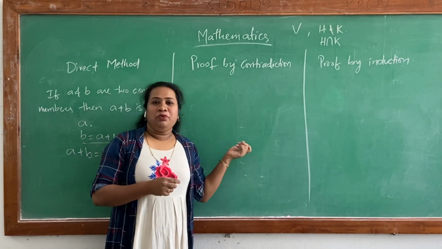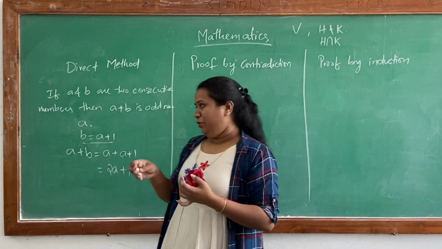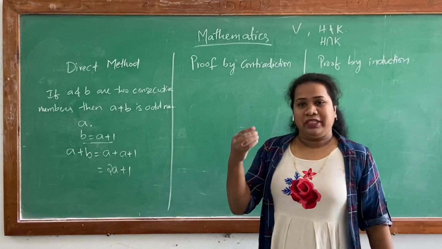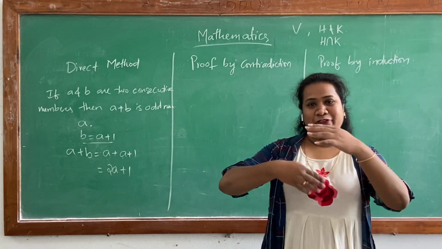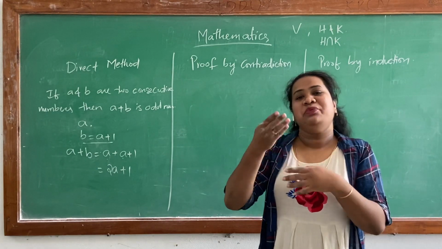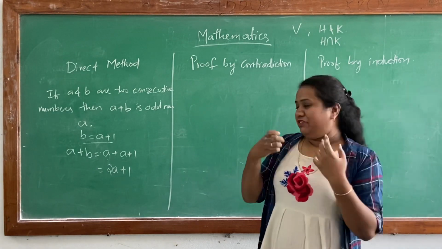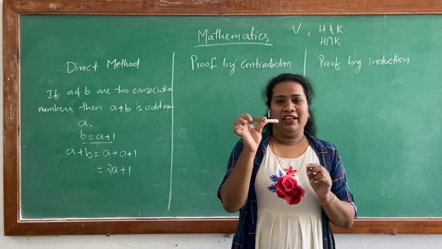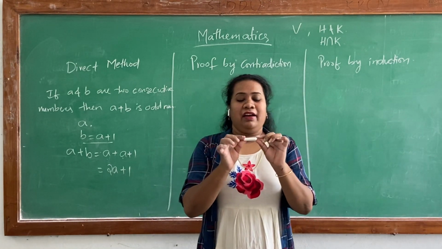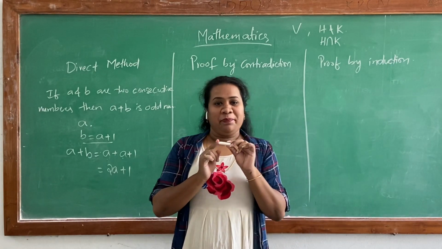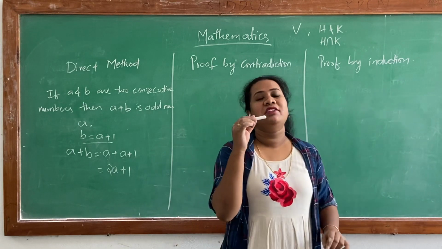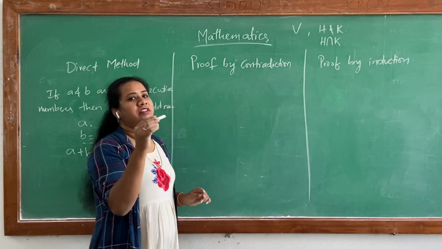When it comes to proof by contradiction, the first step is that whatever we need to prove, we assume the opposite of that. For example, say I have to prove this chalk piece is white in color. But in order to prove that, I am considering this chalk piece is black in color, or this chalk piece is not white.